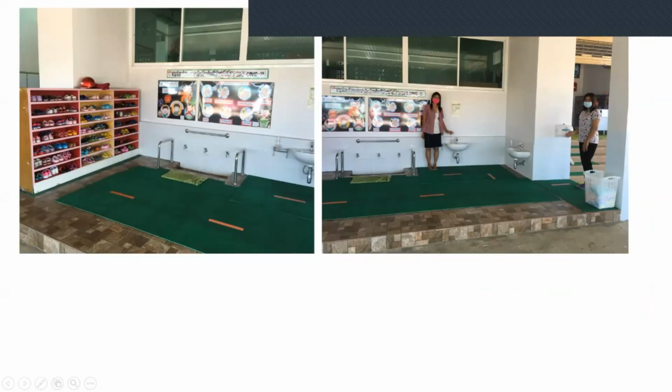When the children come, they have to take their shoes off and put them in the box, in the shoe cabinet like this, and then they have to turn on the faucets and clean their hands and their feet, okay? And we have a dry towel for them to clean.